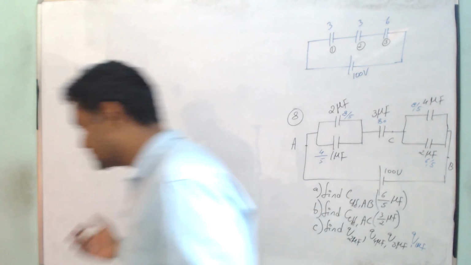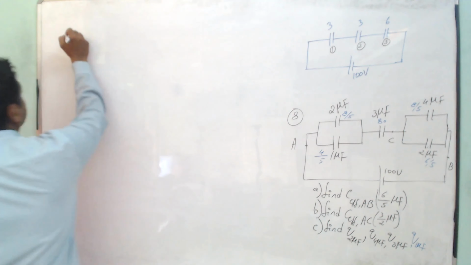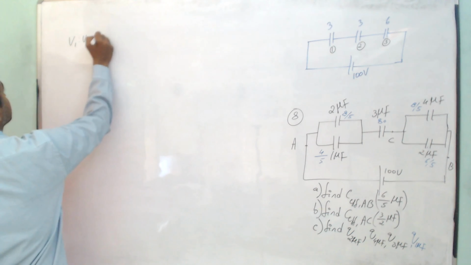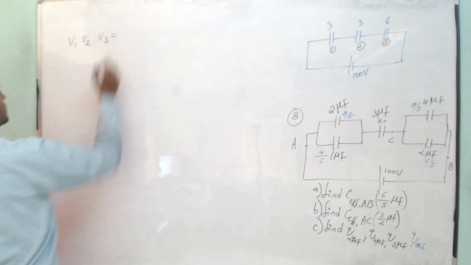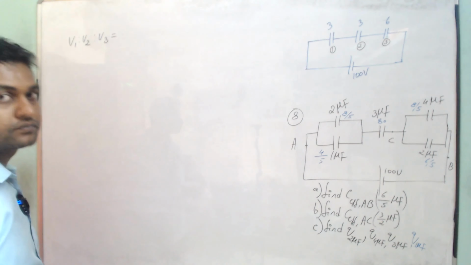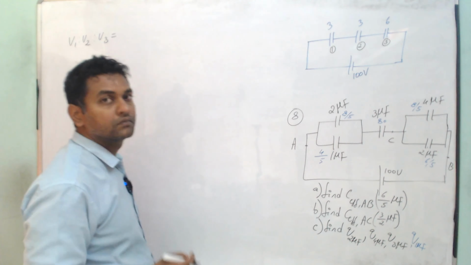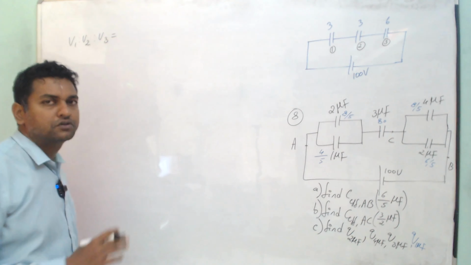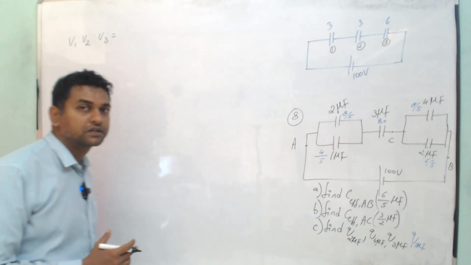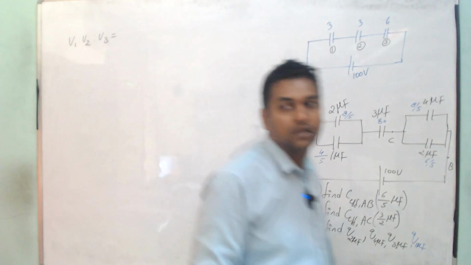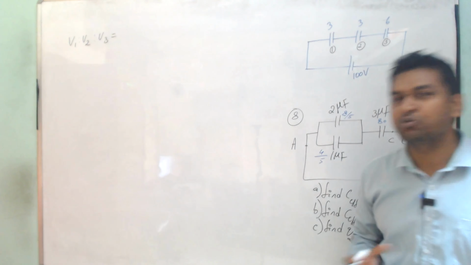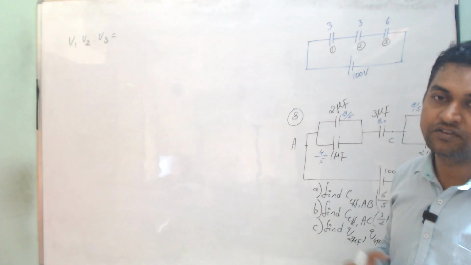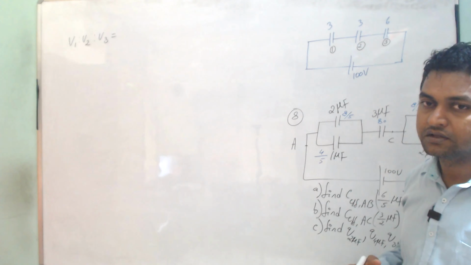Because V is inversely proportional to C, my V1 is to V2 is to V3 should be equal to... What should I substitute? I am not that fast, I will go slowly. I am old. V1 is 2 is to 1 is to 1.